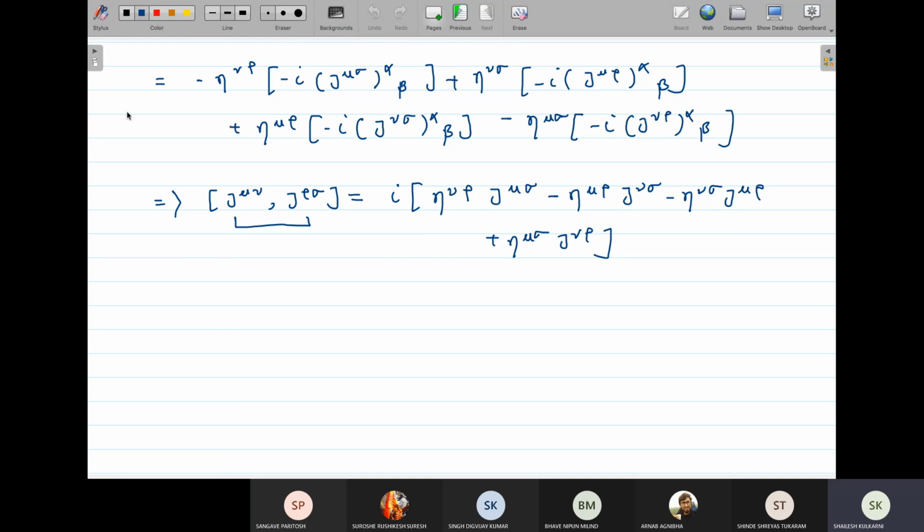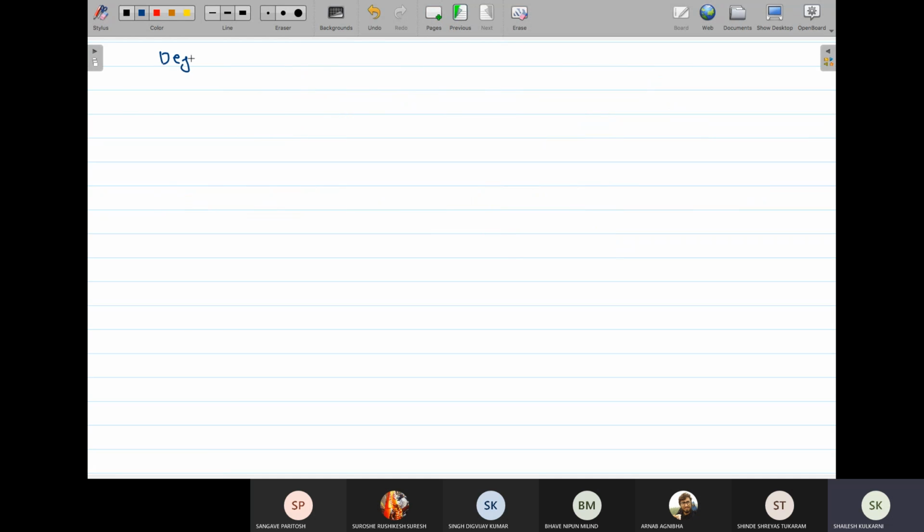Suppose I define two sets of matrices, Ji and Ki, in the following way.